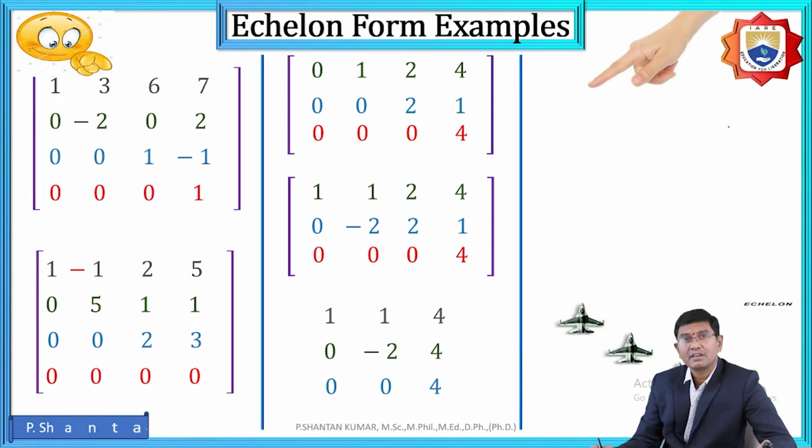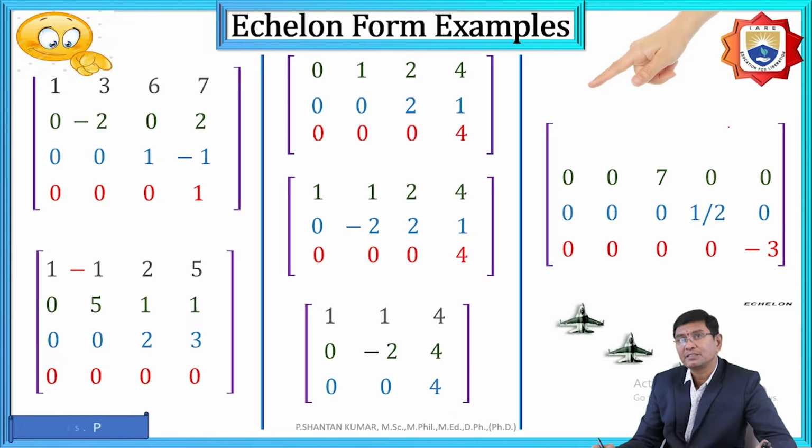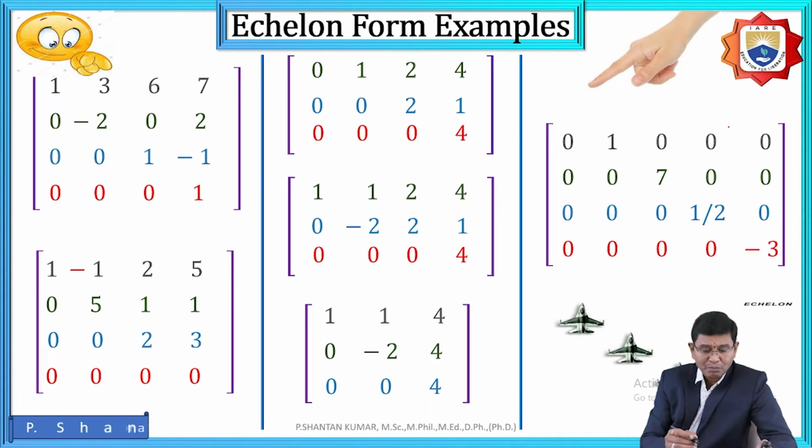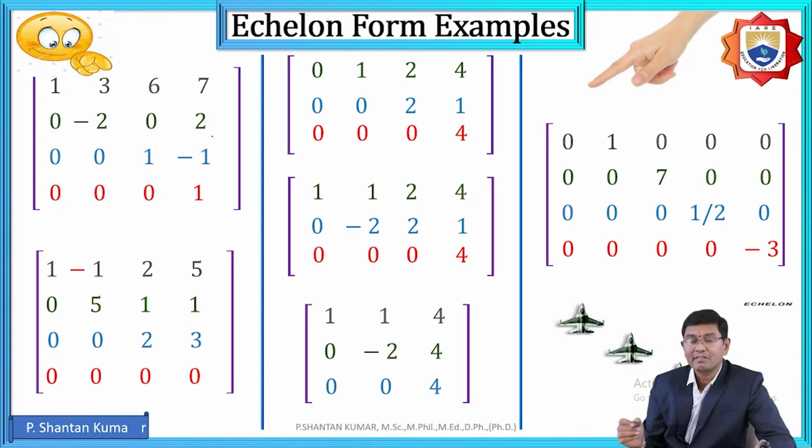These are some examples for the echelon form of a matrix. See, in this first example, there are no zero rows. That means the first condition does not need to be checked here.